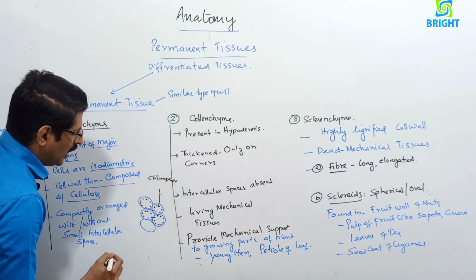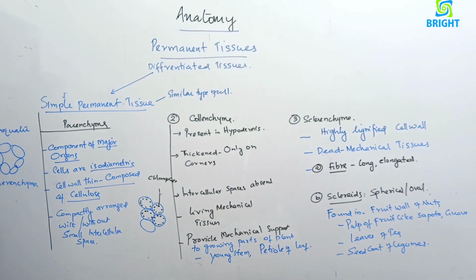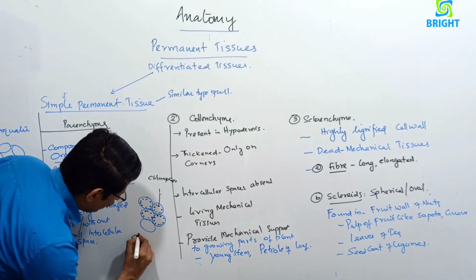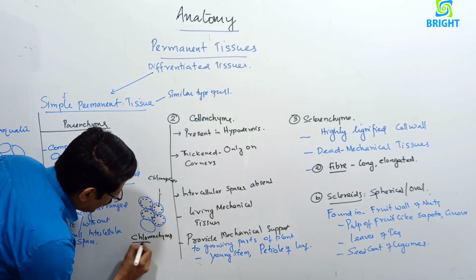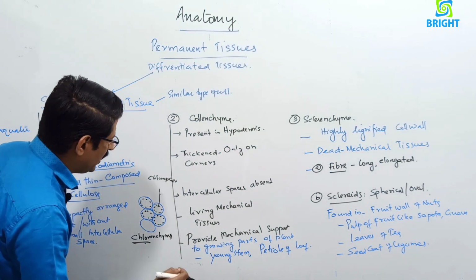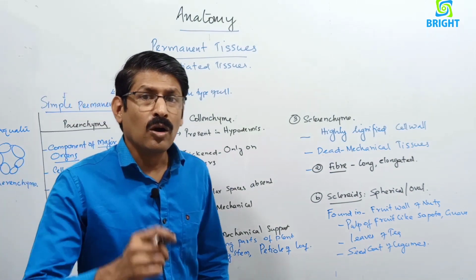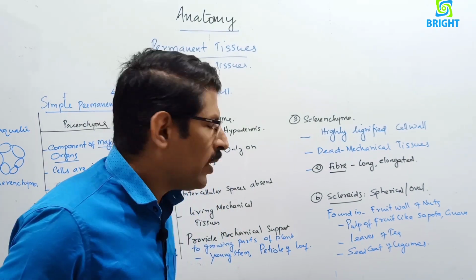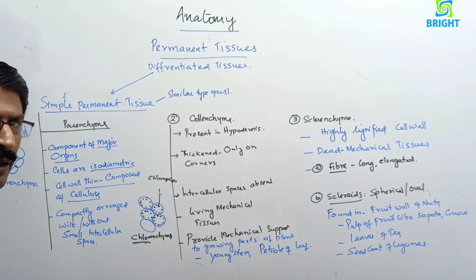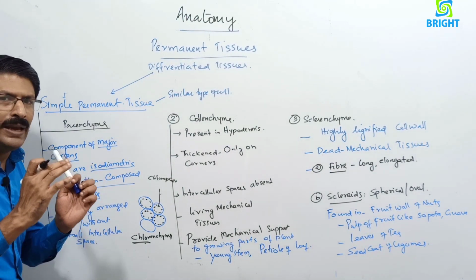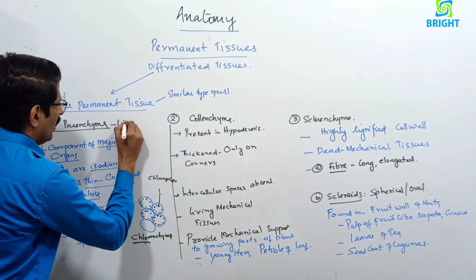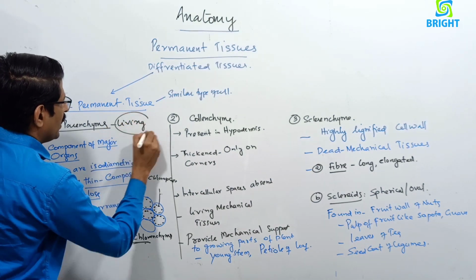This type of parenchyma with a large number of chloroplasts is called chlorenchyma. Chloroplast-containing parenchyma is called chlorenchyma, and chlorenchyma undertakes photosynthesis. Parenchyma is a living assimilatory tissue.